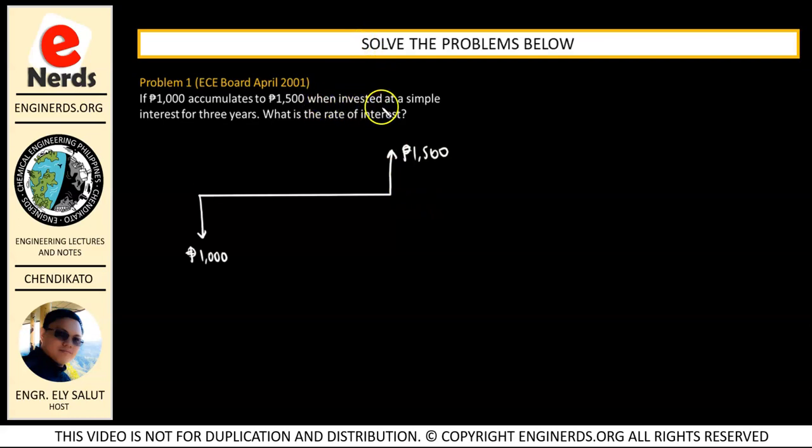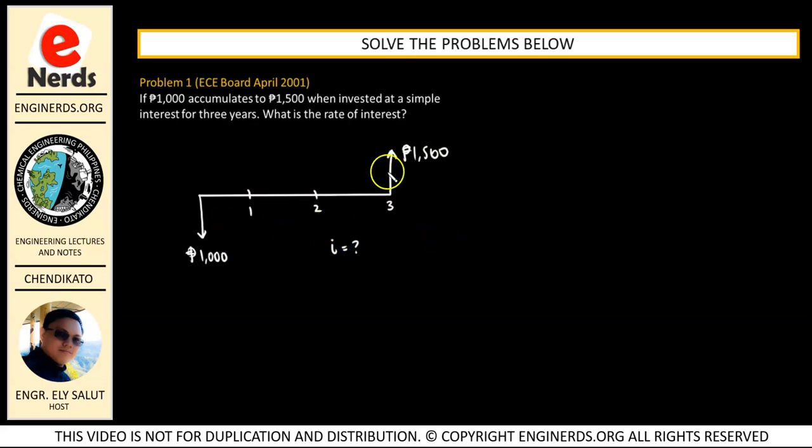Okay? When invested in a simple interest for 3 years. So, yung range natin is 3 years. So, we have 1 year, 2 years, and 3 years. So, ang pinahanap sa atin dito is yung ating interest rate, which is I. Okay? So, yan ang kailangan nating makuha.